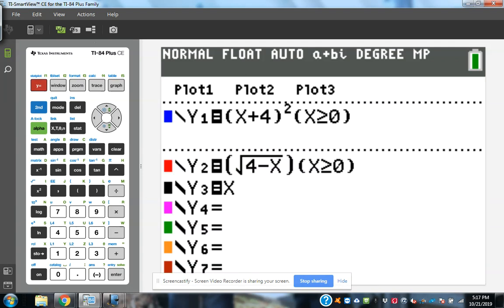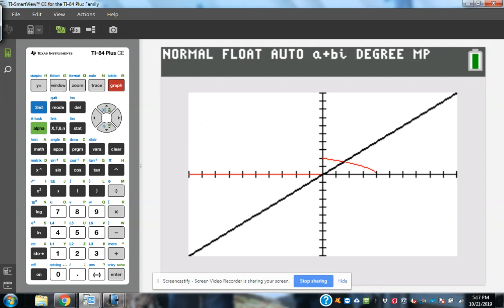I think I didn't do that right because the blue one never showed up. Let me put a set of parentheses in here. I forget the syntax sometimes on this stuff. Second, insert parentheses. See if that works. I don't get any blue stuff there.